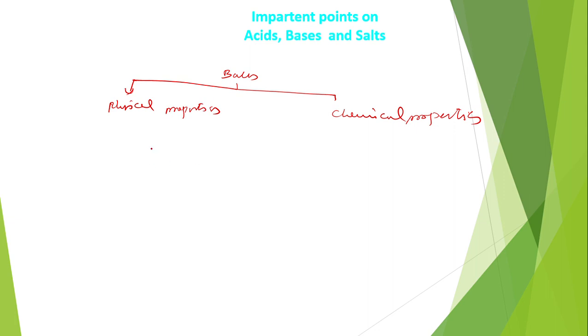Okay, now again physical properties. Litmus paper turns red to blue. So they may ask questions on this. They are bitter in taste.